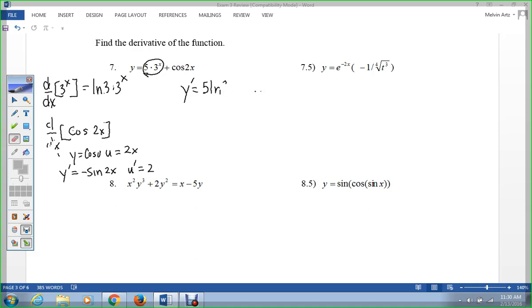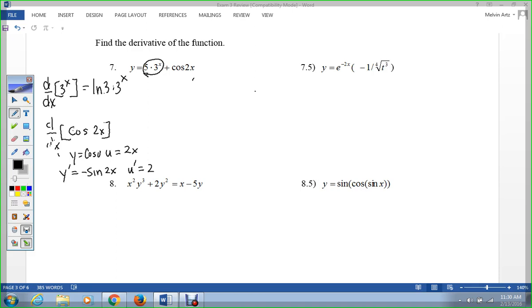Okay, next problem. We have e to the negative 2x times this quantity. So we can apply the product rule, but I'm going to rewrite this first.